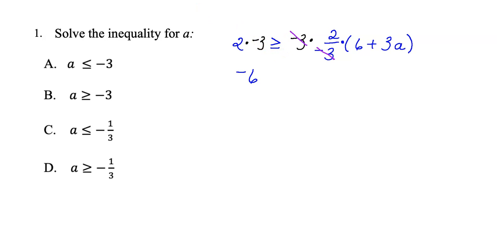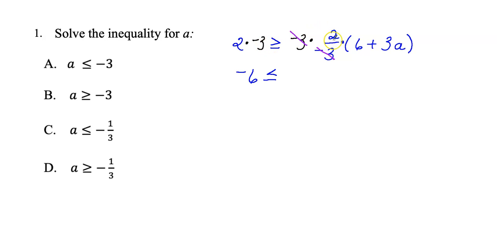So based on what I just said, I will reverse the direction of this because I multiplied both sides of the inequality by a negative number. Now, if I had multiplied both sides of the inequality by a positive number, then I would not need to reverse the direction of this.